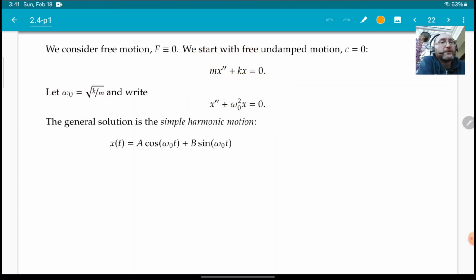And so we get the solution, which is simple harmonic motion, and it has this formula: some arbitrary constant A times cosine of omega naught t, plus B sine of omega naught t. You can see why that makes sense, because normally you'd have a square root of whatever was in front of the x, which would come from solving the characteristic equation.